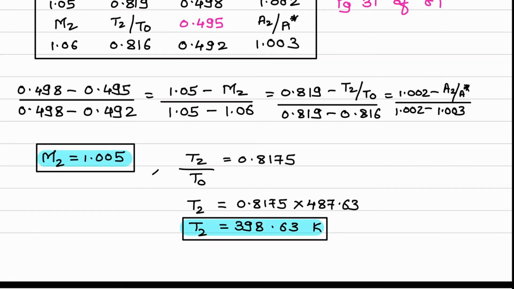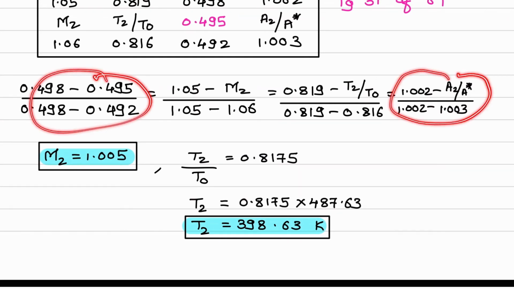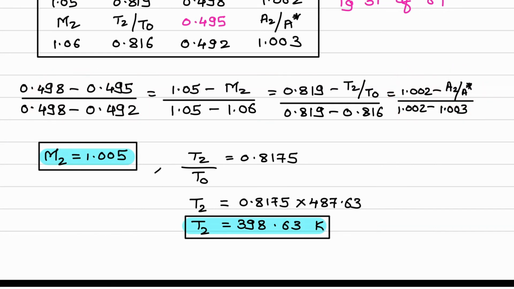Then we have to find A2 area. So I'll consider this first part and equate it with this part. So I'll get A2 by A star value. A2 by A star, 2 section is outlet section.